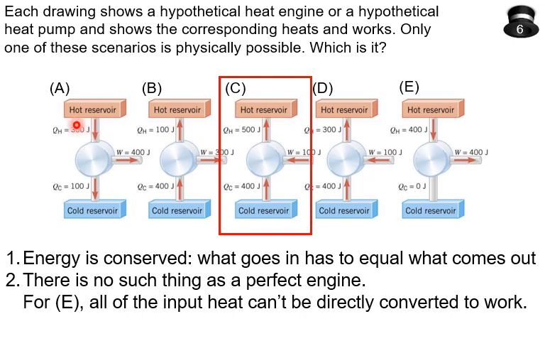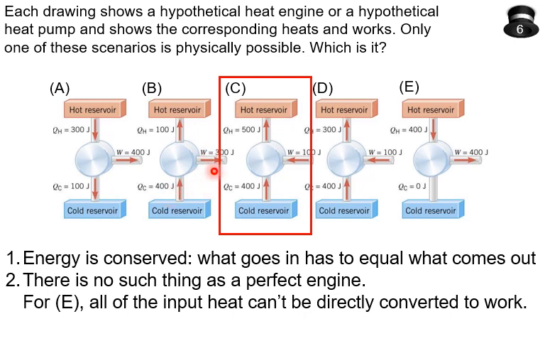In case A, we put 300 in and 500 comes out. That doesn't make sense, right? So that one's not true. B, we're putting in 400 and we're removing 400, but that's not how it works. That's what it looks like in terms of the arrows, but remember, Q sub H has to equal Q sub C plus W.